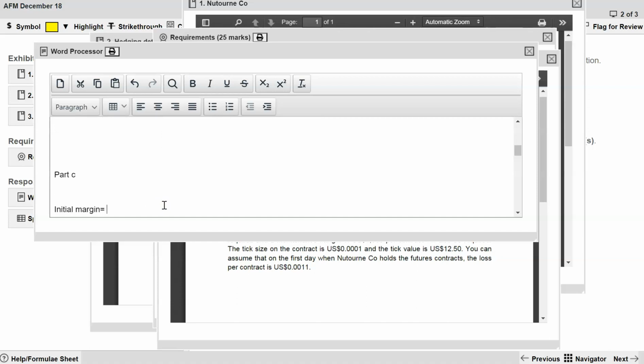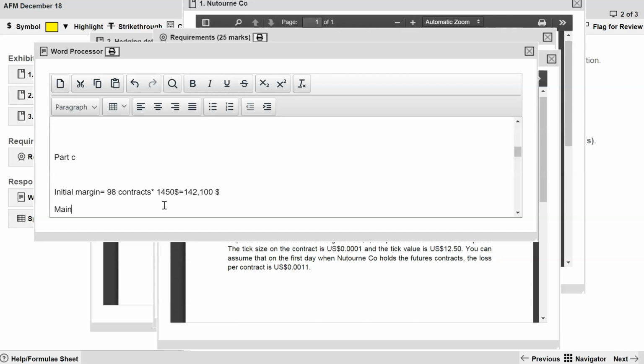You have 98 contracts into what is the initial margin? $1450. So how much you have to deposit? $142,100. So your initial margin account will have an amount of $142,100.